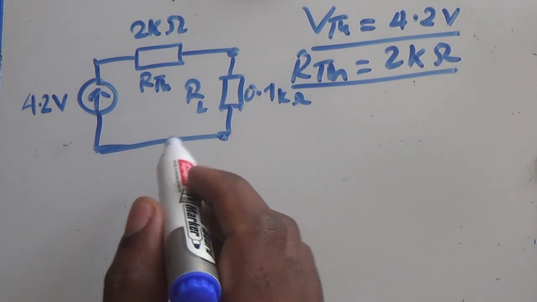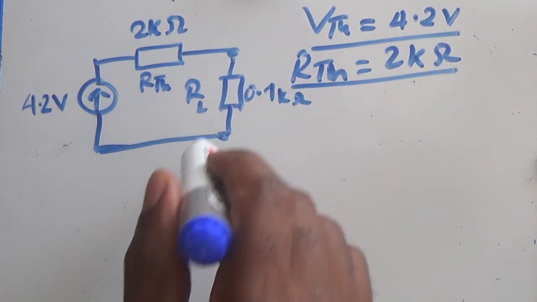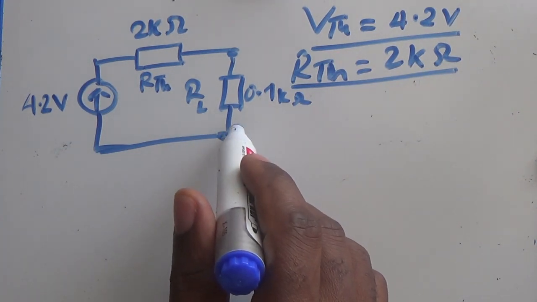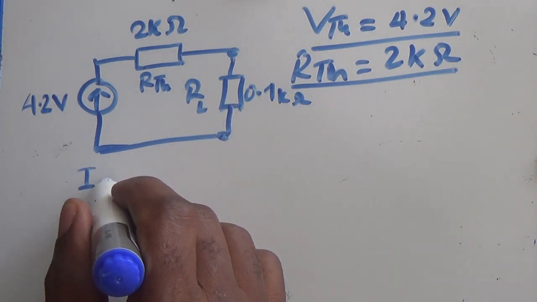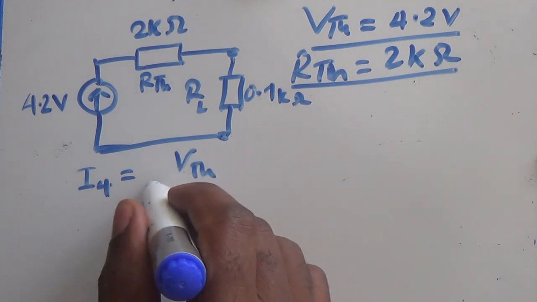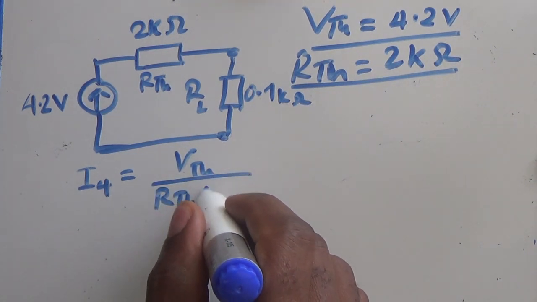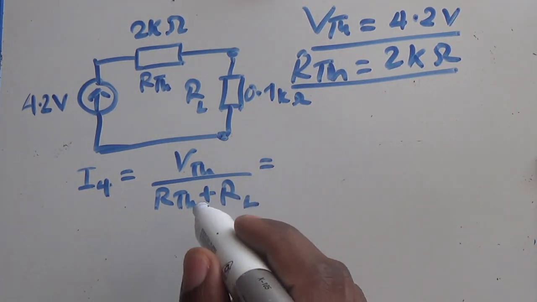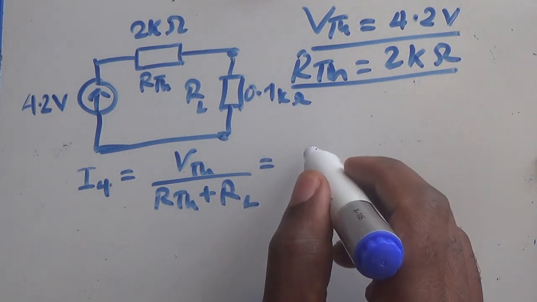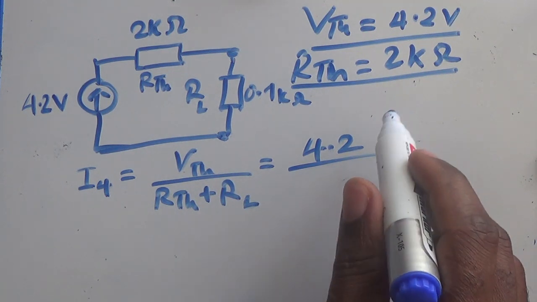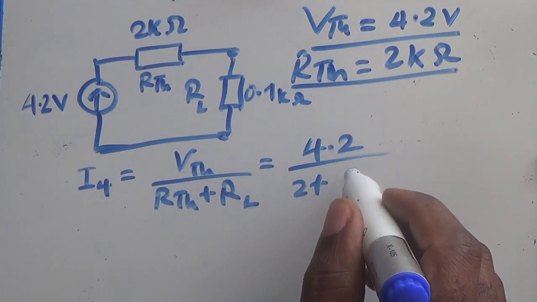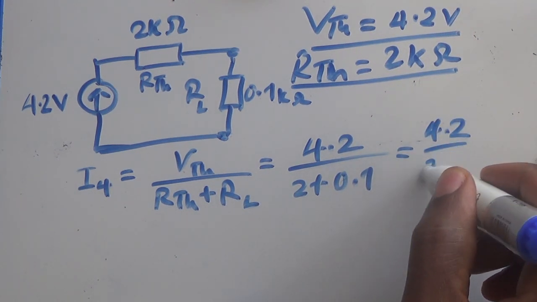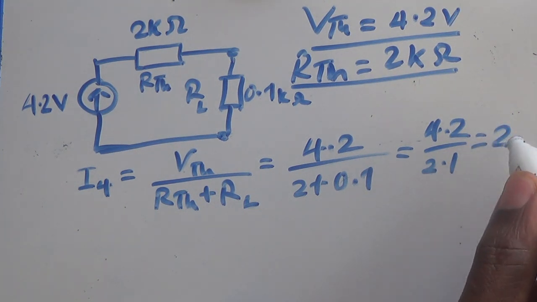And so the current across this part here, when you revisit the circuit, the current I4 that would be flowing here will be equal to VTH over RTH plus RL, which would be the same as VTH 4.2 over the 2 plus 0.1, which is equal to 4.2 over 2.1, which is equal to 2.